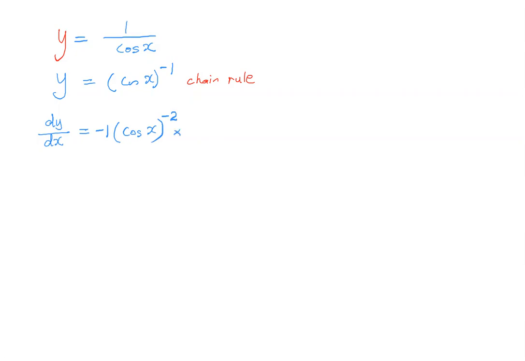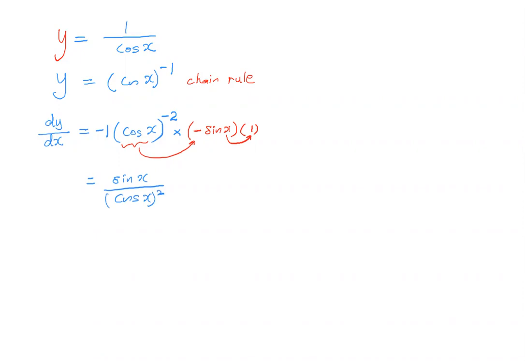Times by the derivative of cos, which is negative sin x. Then I have to times by the derivative of x. There is 1. I always make the habit. So the answer will be sin x over cos x, the whole thing squared.